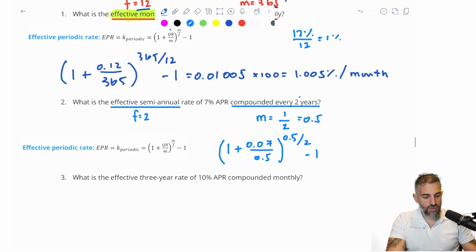So I get about 3%. I get 0.0333, which if you multiply by 100 is 3.33%.